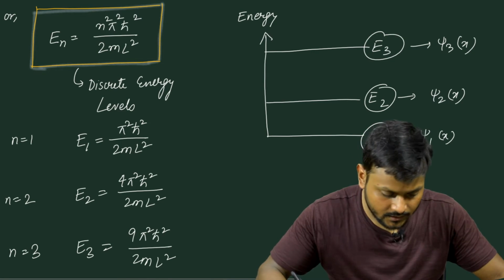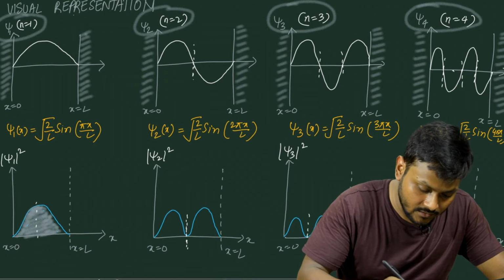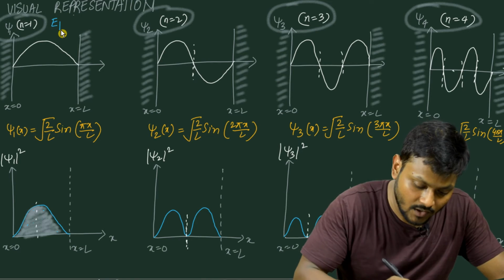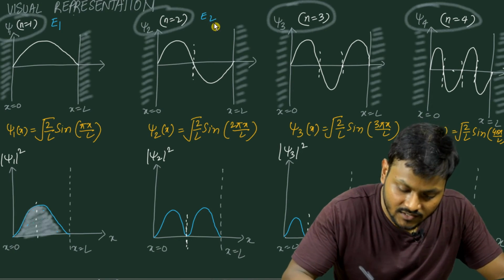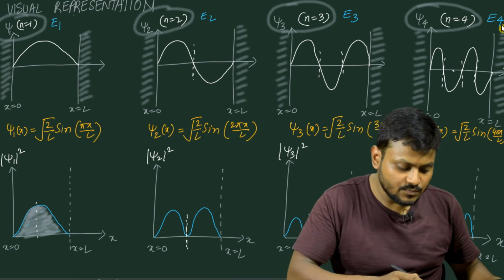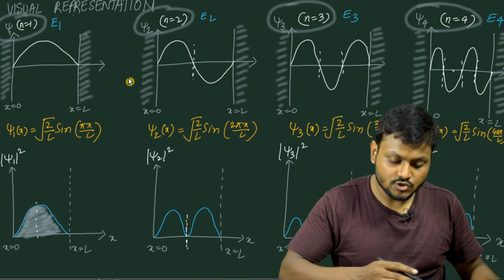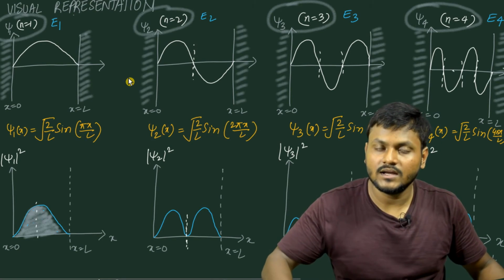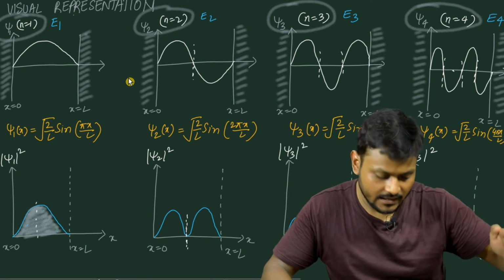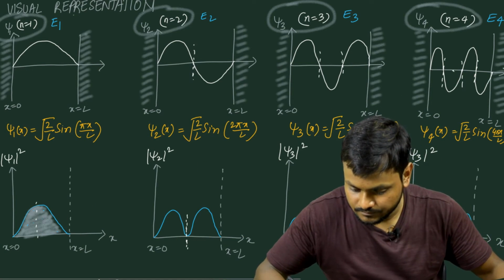So if I go back to my visual representation, the particle here corresponds to energy E1, the particle here to energy E2, here to E3, and here to E4. These are not many particles, this is just one particle, but this one particle can have different energies, and corresponding to these different energy levels, it can have a different wave function and a different probability distribution.